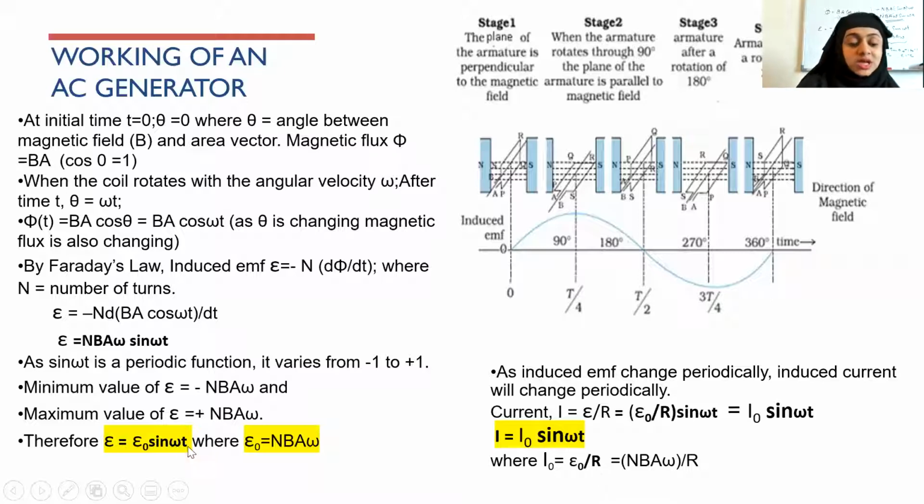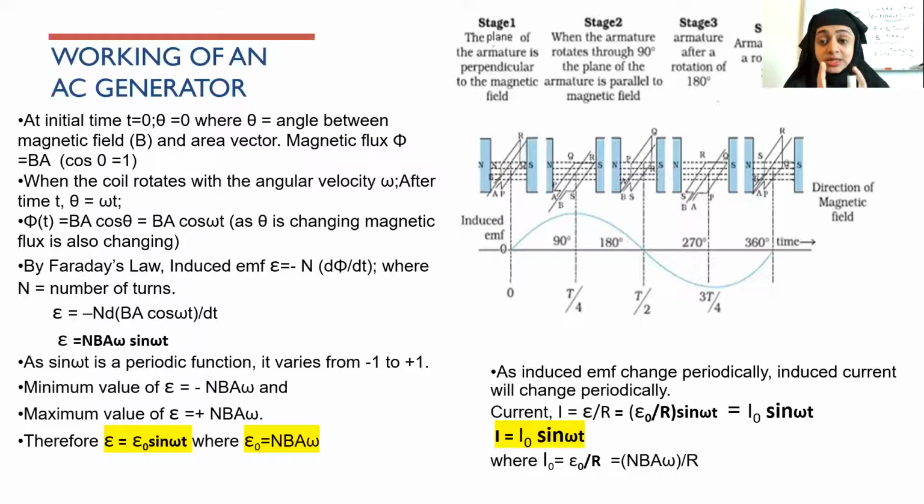So you just have to learn this formula. E is equal to E naught sine omega t, where E naught is equal to NBA omega. And just remember that I is equal to E by R, and I naught will be equal to E naught by R. Just divide that value with resistance, you will get the current.